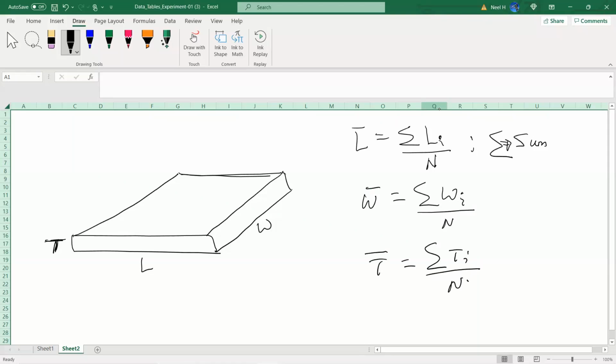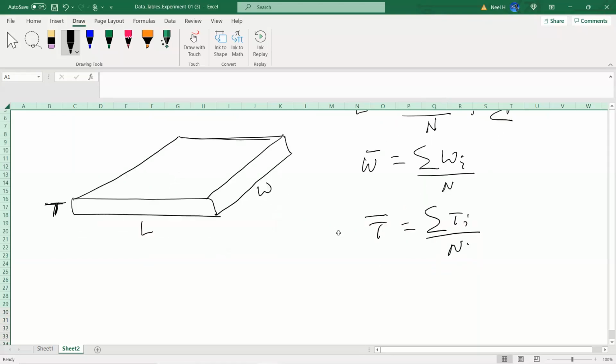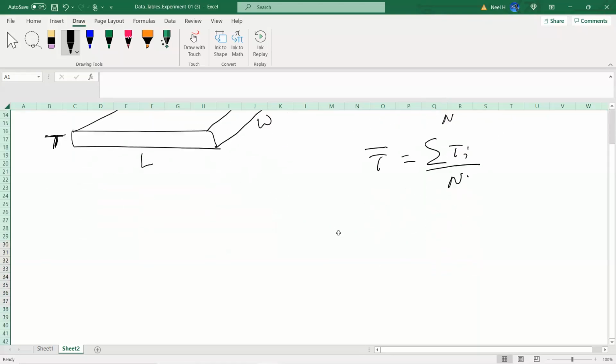Now, when I want to measure something, I need an instrument to measure that physical parameter. In this class, if you remember the first day, when we were talking about units and dimensions, I mentioned that we're going to be working only on 3 different types of physical parameters.